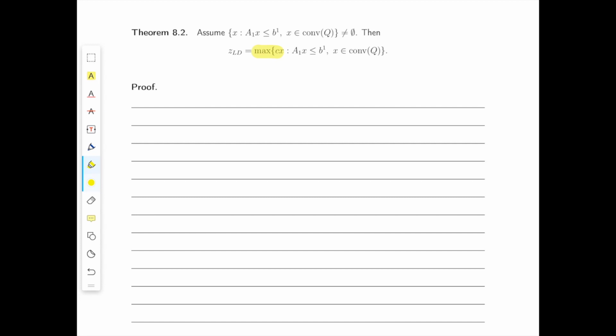However, note that ZLD is not, in its current form, a minimization problem. In fact, it is defined as the minimum of all the Lagrangian relaxations, and each one is a maximization problem.